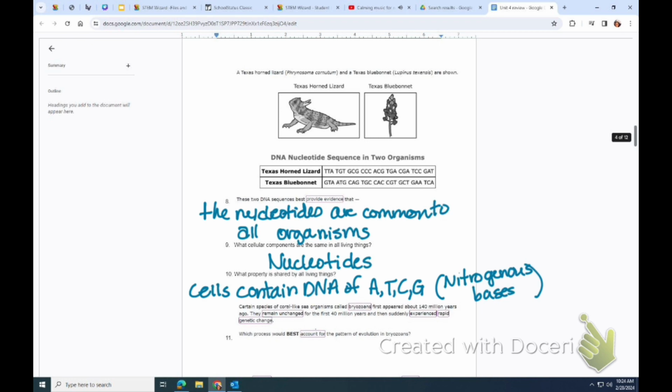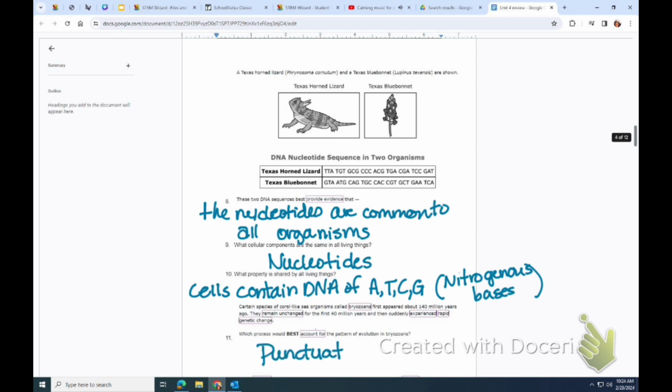Anybody? There are a couple of types of equilibrium evolution we discussed. Xander? You're both so close. It is a period. It's a type of what? It's punctuated.